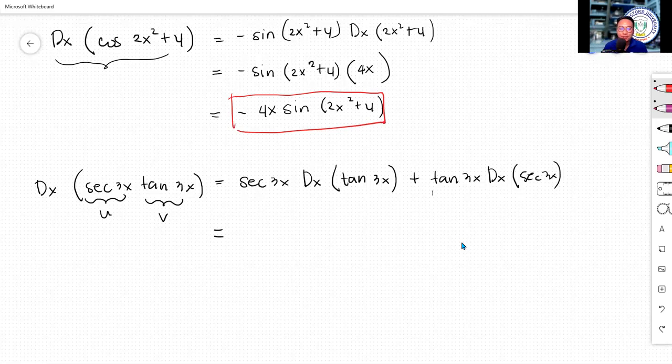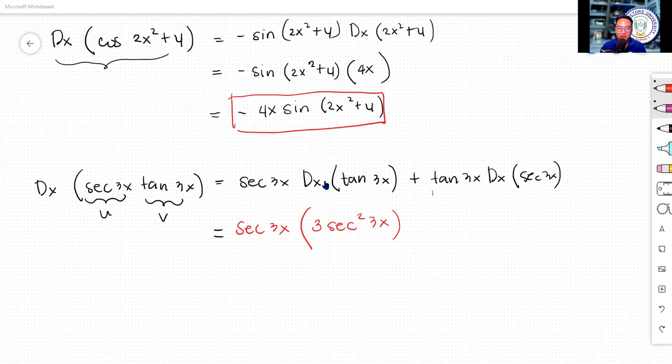Okay, I hope you were able to get this. So secant 3x times, the derivative of this, guys, if you got it, is 3 secant squared 3x. Right? Yes.